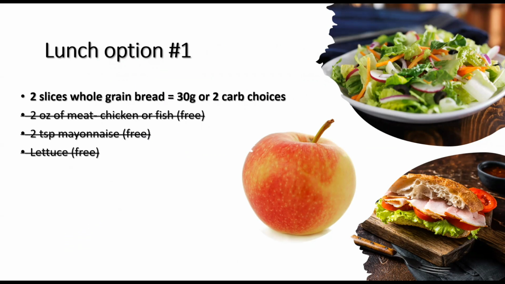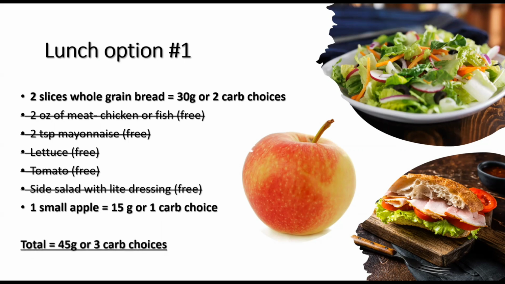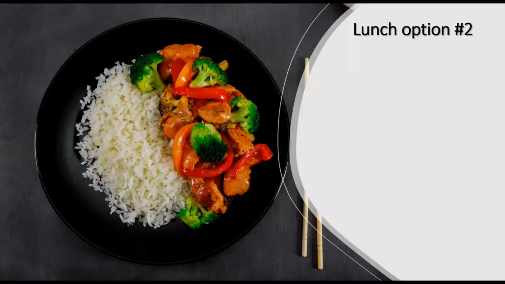Next, we'll add lettuce and tomato, which is no carbohydrate. Add a side salad with light dressing, no carbohydrates, and a small apple with approximately 15 grams of carbohydrates or 1 carb choice. This meal adds up to about 45 grams of carbohydrates or 3 carb choices.